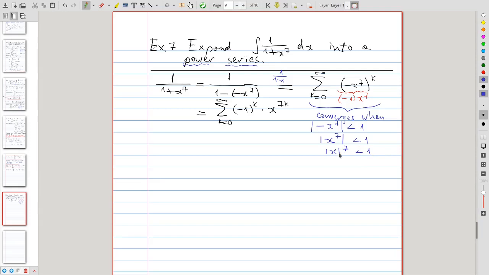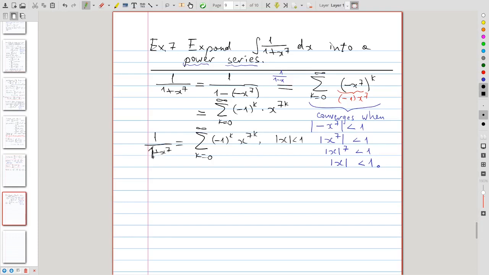Then if you take the 7th order root of both sides of this inequality, you conclude that absolute value of x must be less than 1. Great. So what we have shown is that 1 over 1 plus x to the 7th is equal to the sum of this power series when absolute value x is less than 1.